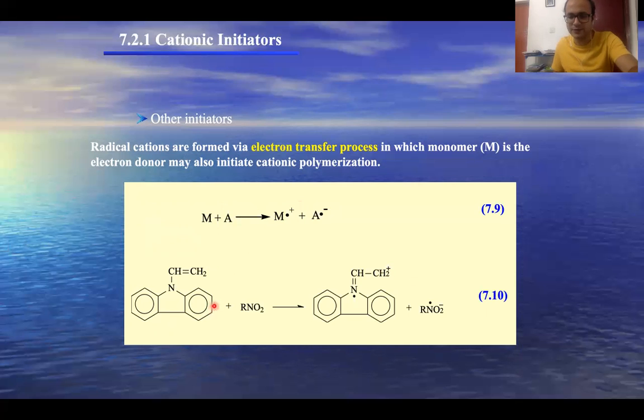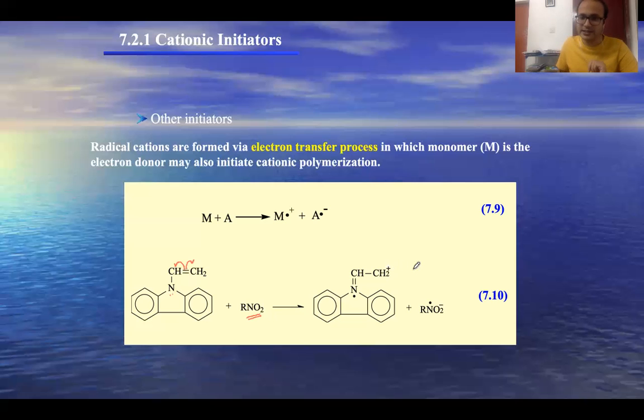So here we have a type of monomer. Basically, you have a heterolytic cleavage happening here, and you have radicals formed here, and this radical can combine with one of the electrons on the lone pair of nitrogen to form a double bond here, and thereby you have a single electron species generated here, and the radical electron on this particular carbon will be lost to this particular nitro compound, and thereby generating a radical carbocation.